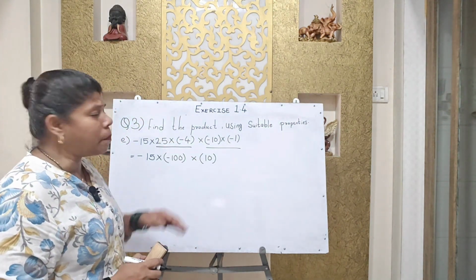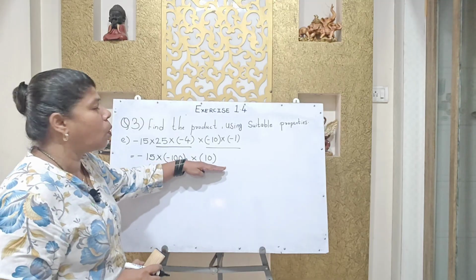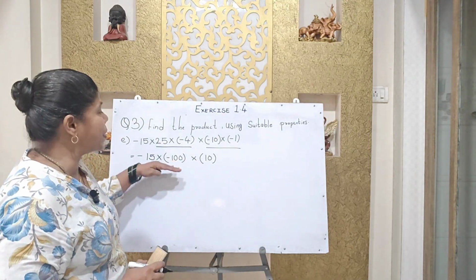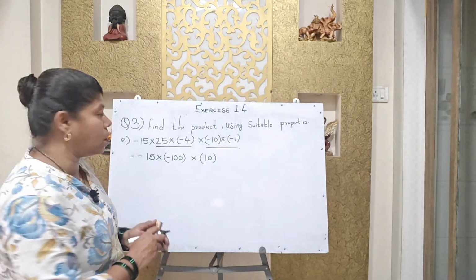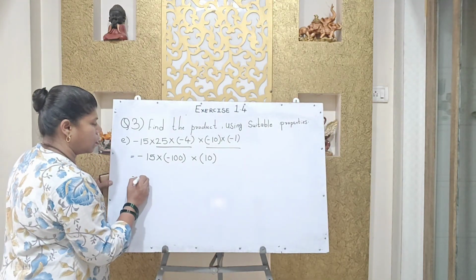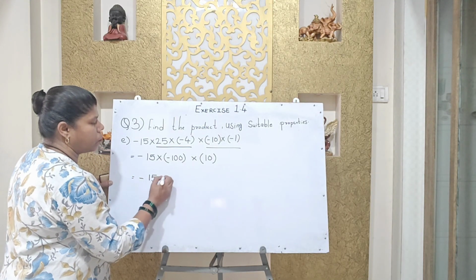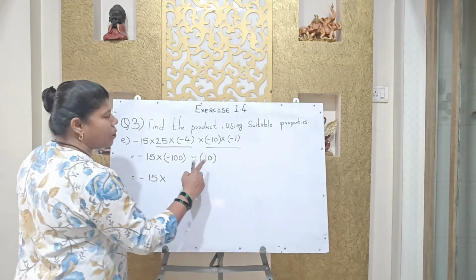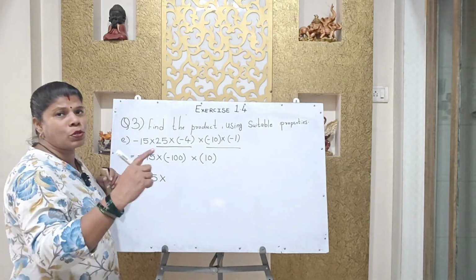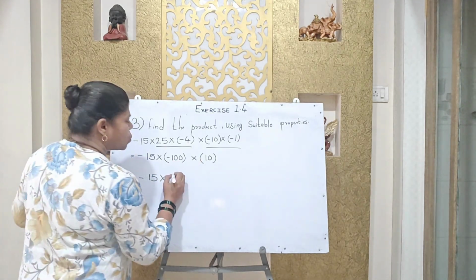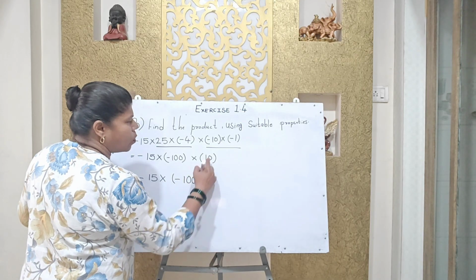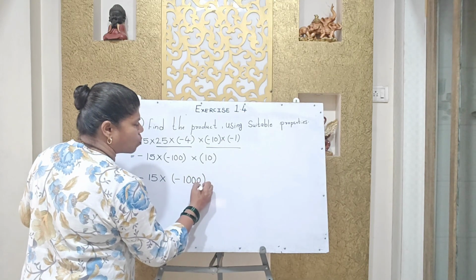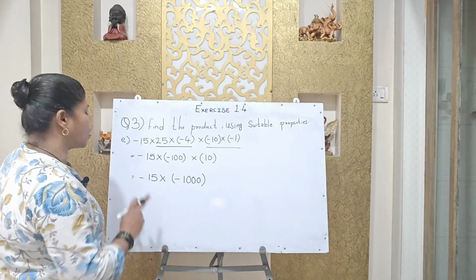Now, first we will multiply 100 with 10 to make our sum easier. We only have to add one more zero after 100. So the answer will be minus 1,000.